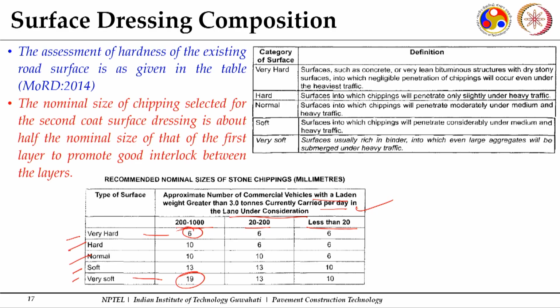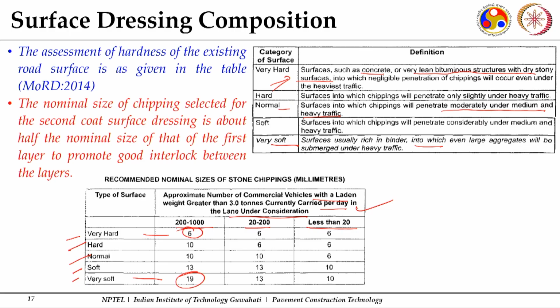And what types of surfaces are referred to as very hard? Surfaces such as concrete or very lean bituminous structures with stony surfaces are considered very hard surfaces. Normal surfaces are those into which chippings can penetrate mildly under medium heavy traffic. Very soft surfaces are those already rich in bitumen in the underlying surface.